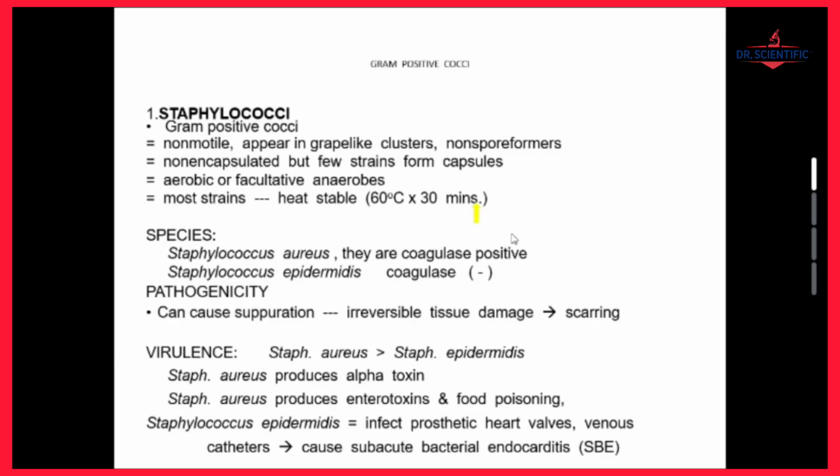They cause quite a number of diseases, what you call suppuration or irreversible tissue damage, where it leaves a lot of scarring. The most virulent ones are both Staph aureus and Staph epidermidis.